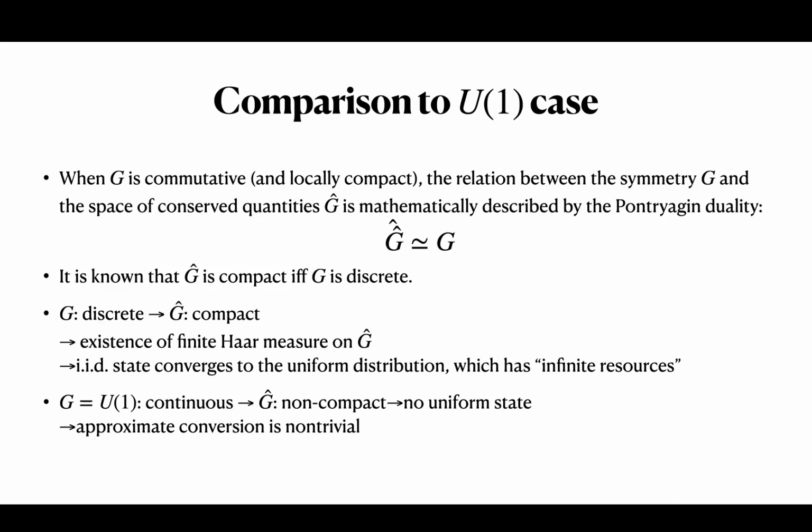This means that there is a finite Haar measure on G hat. This means that the IID state converges to the uniform state. And this uniform state has infinite resources. On the other hand, for the U1 case, G is continuous. So G hat is non-compact and there is no uniform state. This is why approximate conversion is non-trivial in the U1 case.